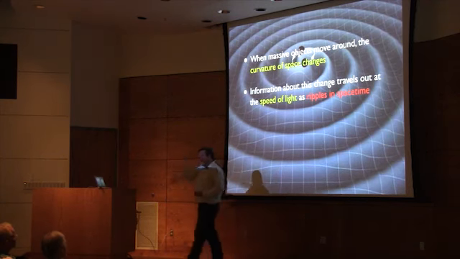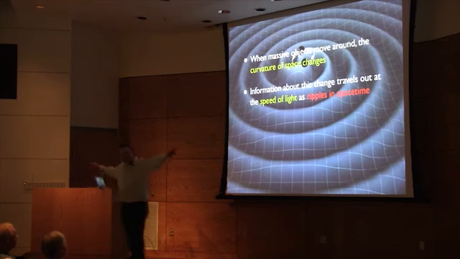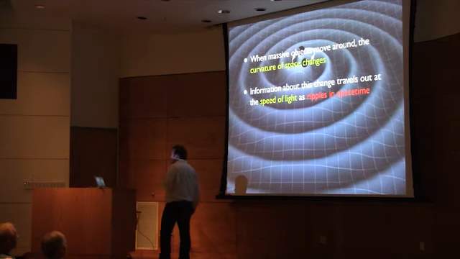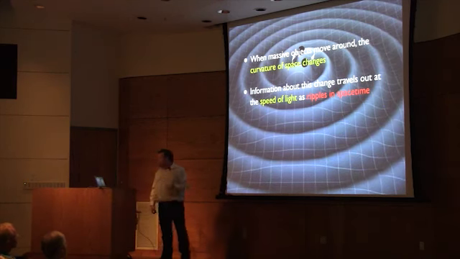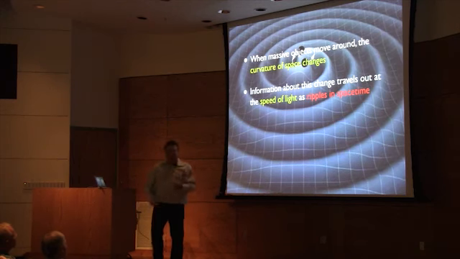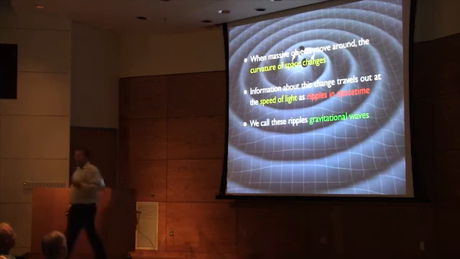Just like when you stick your hand in a tank of water and swirl your hand around, and ripples on the tank propagate outwards on the surface of the water. So these black holes go around each other, or crash into each other, or stars explode. These ripples propagate outwards in space-time, carrying the information about what was going on in the middle. And it's these ripples in space-time that we call gravitational waves.